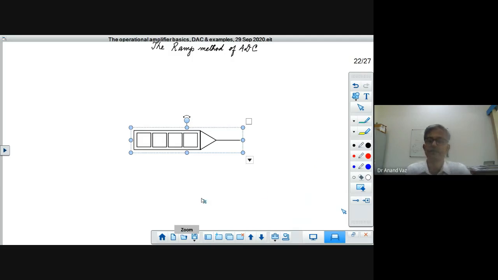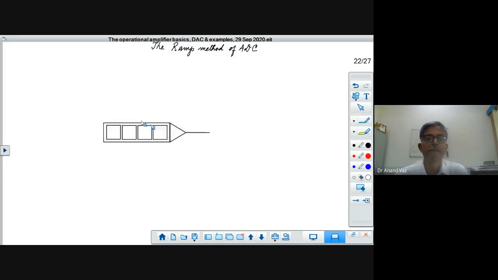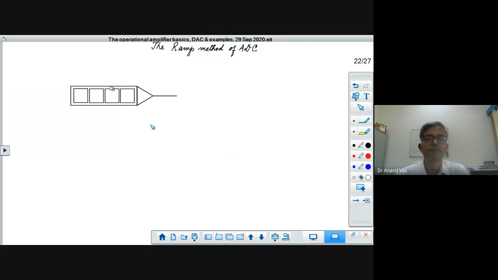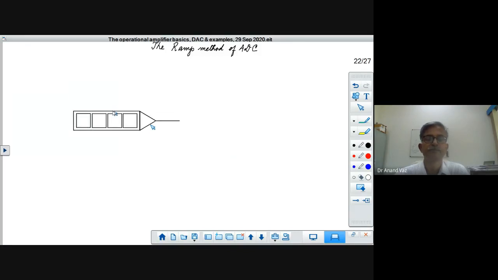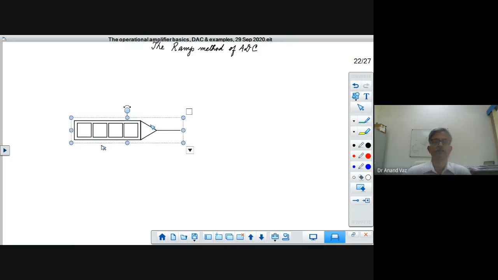Okay, let's paste it. So we have this symbol of the digital to analog converter, and we will make use of this digital to analog converter. So let us keep it somewhere here. And we have the signal which we are interested in acquiring.